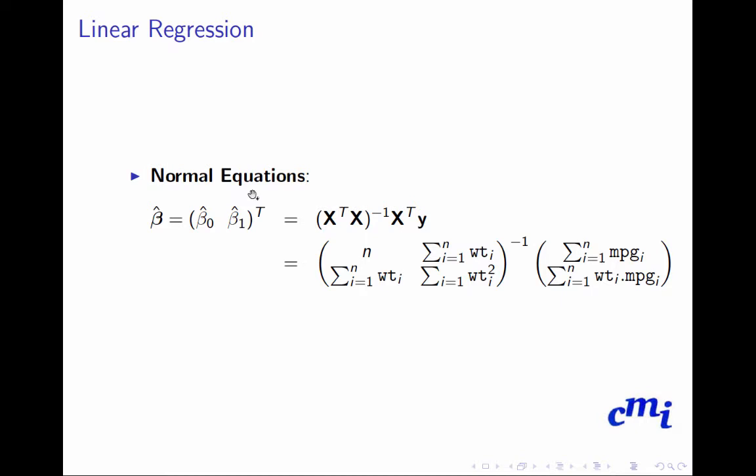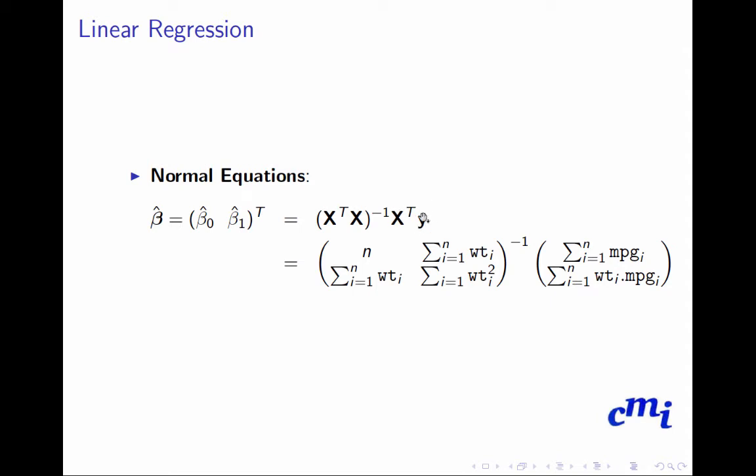Now if I set up the normal equation and solve it, what will happen? X transpose X will be basically n, summation wti, summation wti, and summation wti square. I have to calculate the inverse of this matrix and then multiply by X transpose y.